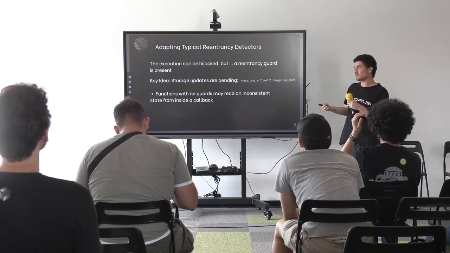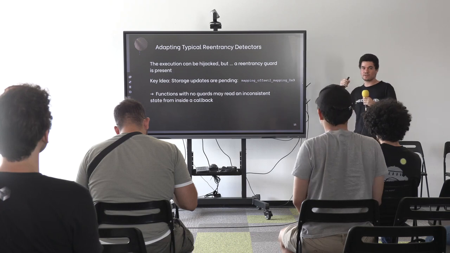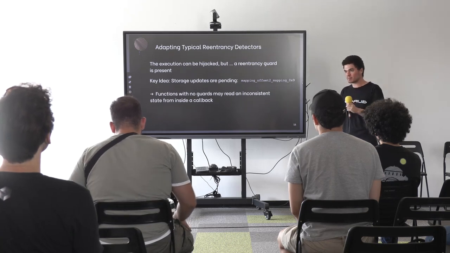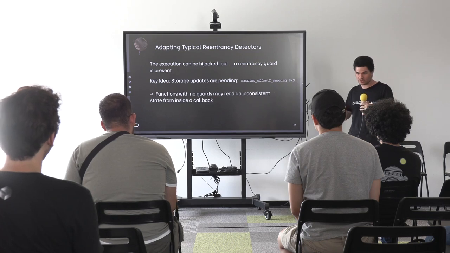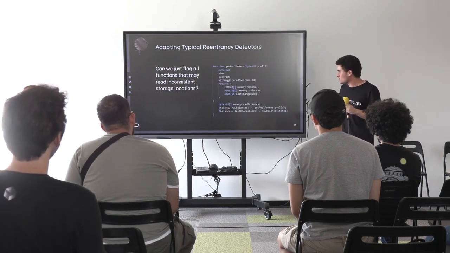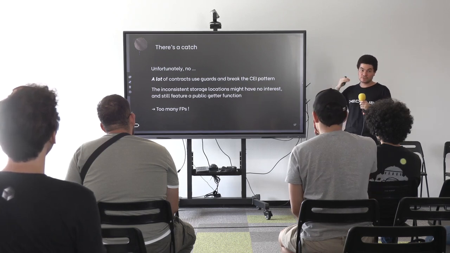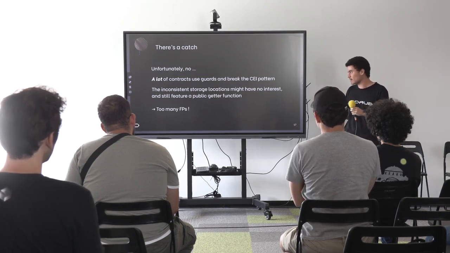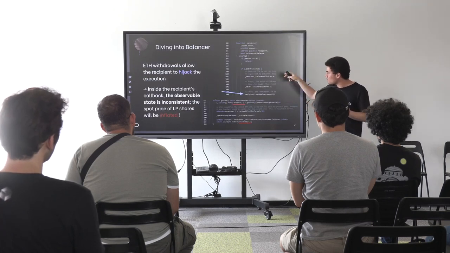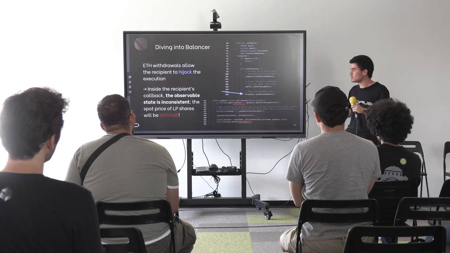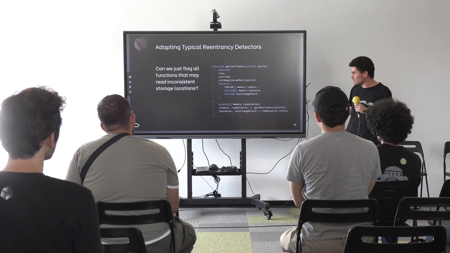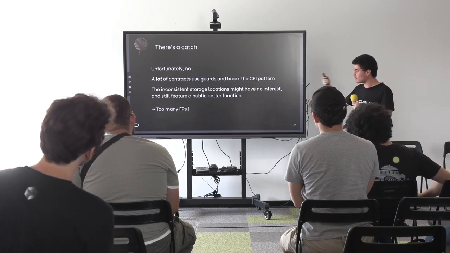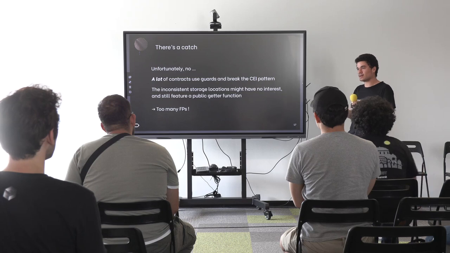We cannot naively write a detector that looks for all reentrancy points and warns you about public functions that might read that storage location. This is because, in practice, a lot of perfectly secure contracts break the checks-effects-interactions pattern, but they're careful with how they use the reentrancy guards, and you have to keep in mind that public getters will be valid public functions that read those fields, and also do not have a reentrancy guard.